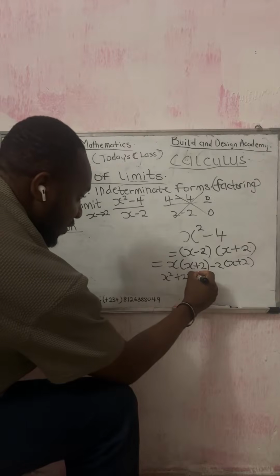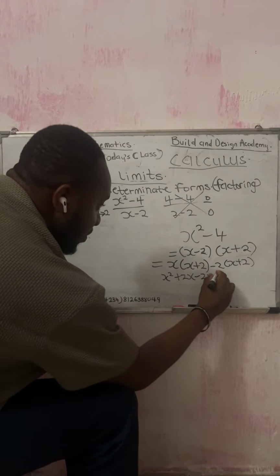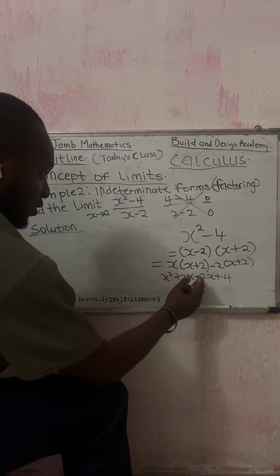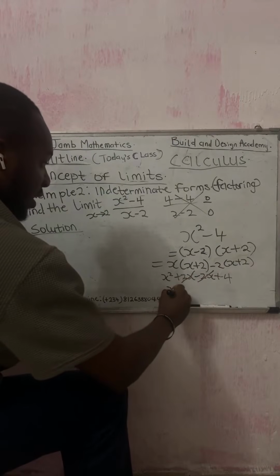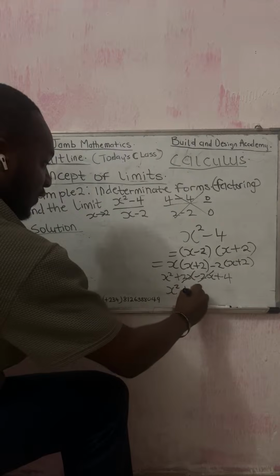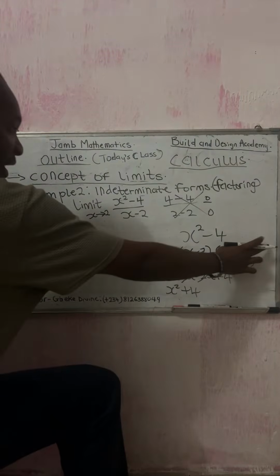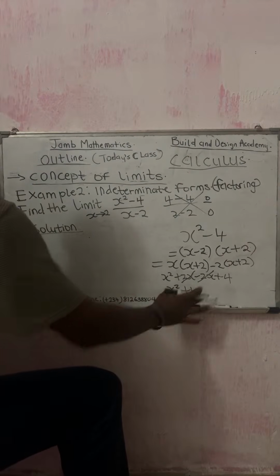Minus 2 times x will give us minus 2x. Minus 2 times 2 will give us minus 4. So now minus 2x will cancel plus 2x, and we'll be left with x squared minus 4. So we can simply say x minus 2 and x plus 2 is the same thing as x squared minus 4.